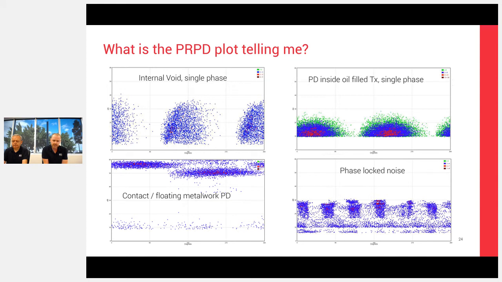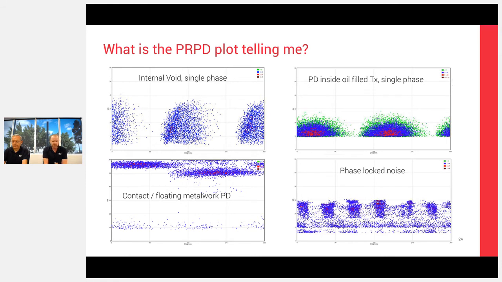The one underneath that, the one that says contact or floating metalwork type PD, was actually captured from where we know there was a poor HV connection, and it was basically sparking and arcing and jumping across that gap and creating big TEV signals.